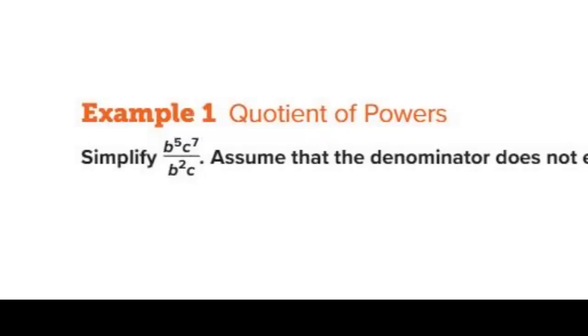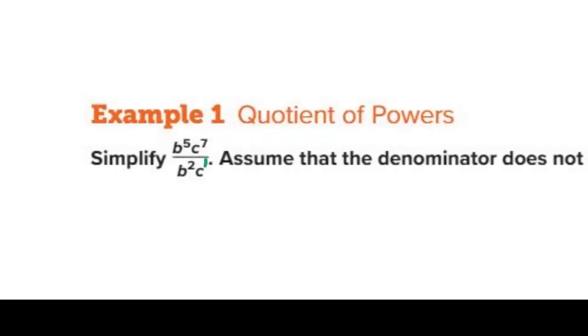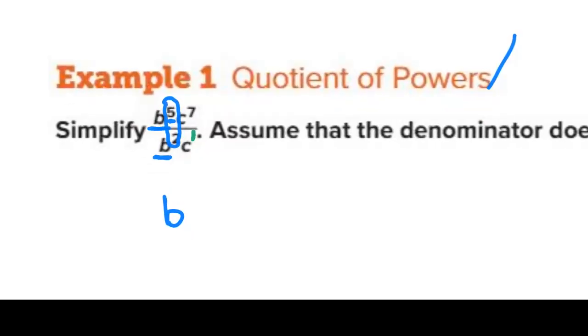So I do not have anything on this c in the denominator. Put a 1 on it. Okay? And then we are dividing. So we're looking at b to the 5th divided by b to the 2nd. Those are being divided, so keep the b. And 5 minus 2, I do that vertically and put just a little subtraction sign in there. And that is b to the 3rd.